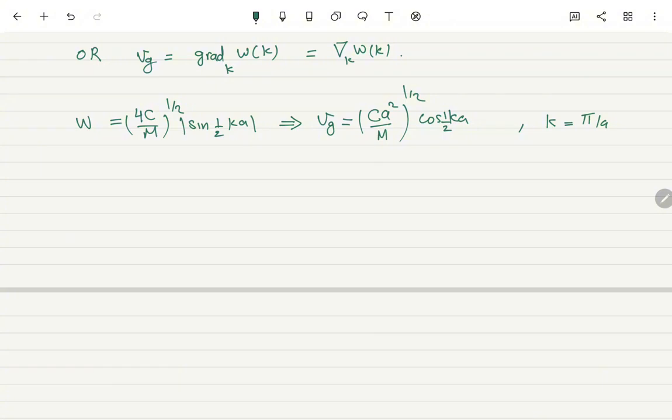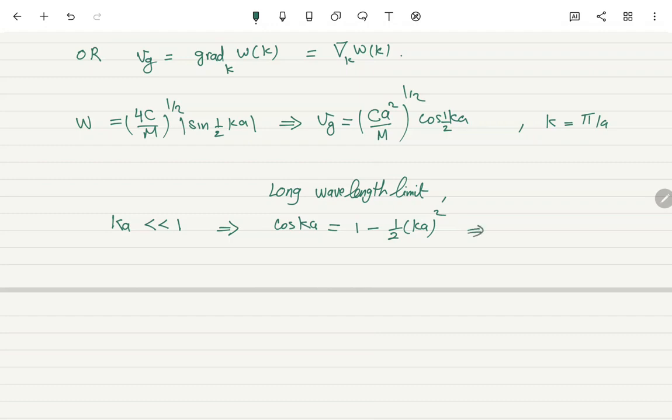Now let's consider the long wavelength limit. When ka is much less than 1, we expand cosine ka equal to 1 minus half ka squared and ignore the higher orders.